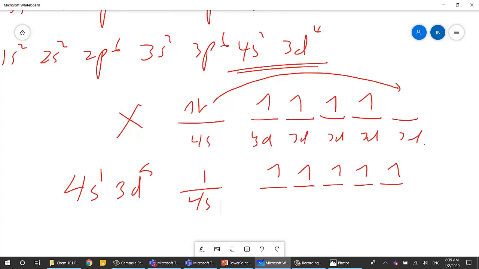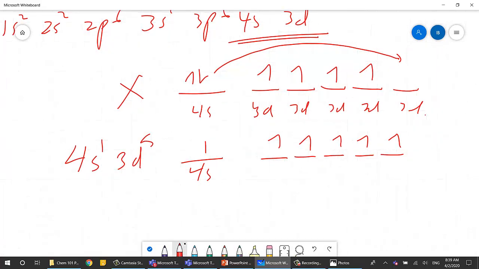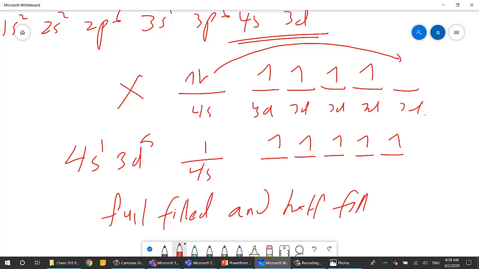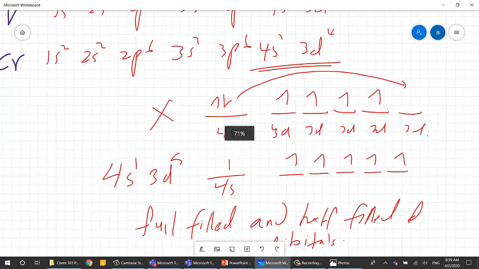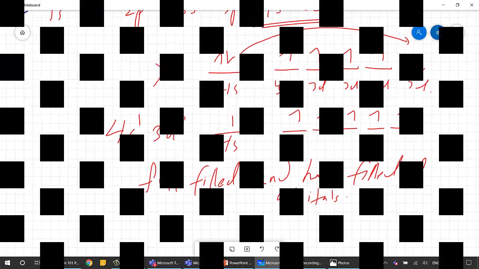This is because of a rule about full and half filled orbitals. If you are able to fill the orbitals completely, or half fill them, either 10 or 5, that gives stability to the atom, and it's better to put it that way. This actually came from experiment. So the electronic configuration of chromium is not 4s2 3d4, but rather 4s1 3d5.